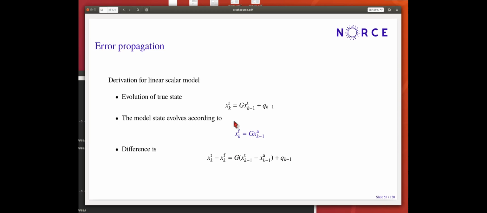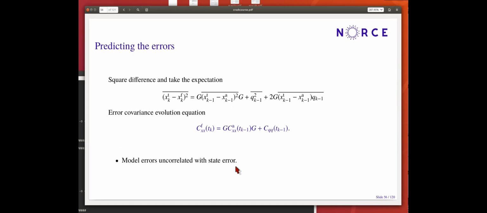This equation minus the numerical model equations, we can write like this. And if we square this equation and take the expectation, then we get an equation for the full error covariance, or error variance, evolution.